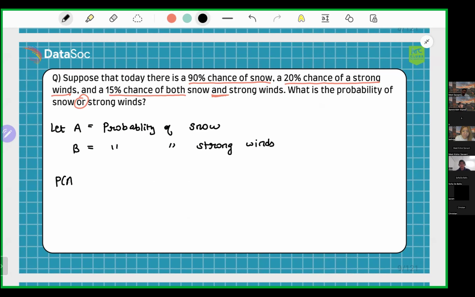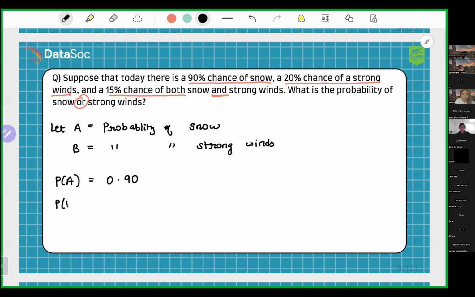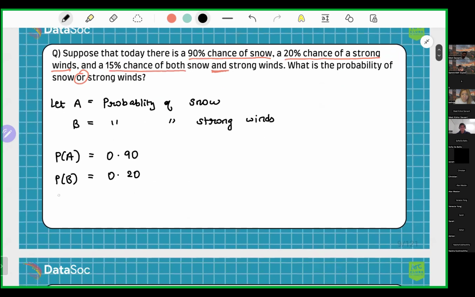So what is probability of A? We know that there's 90% chance of snow, so the probability would be 0.90. Probability of B is 0.20. And probability of A intersection B, because we have the "and", so whenever we have "and", we should interpret it as intersection. So probability of A intersection B is 0.15, and we need to find out probability of A union B, because we have the "or".